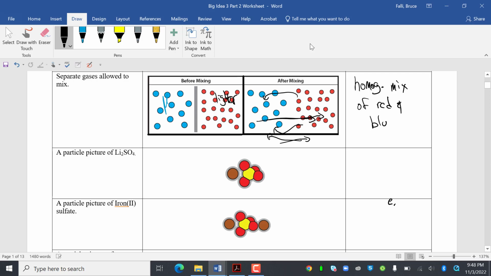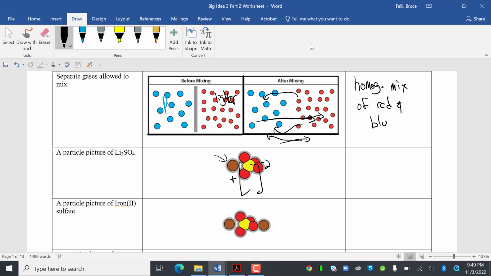A particle picture of Li2SO4. Okay, so this is Li, which would be positive, and this is SO4, which as a group would be -2. So when I have Li2SO4, I need to have another Li. So I need to have another one of these.